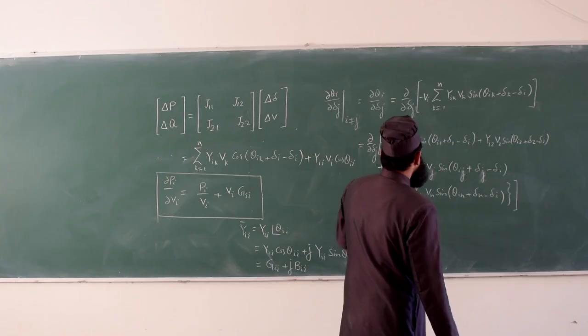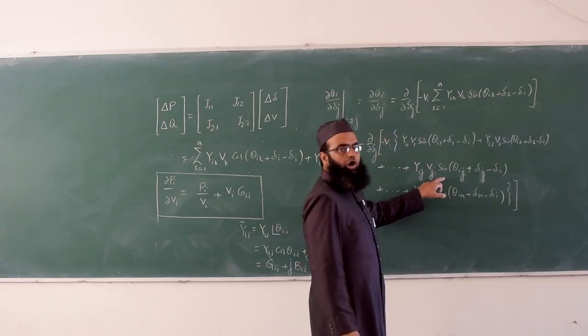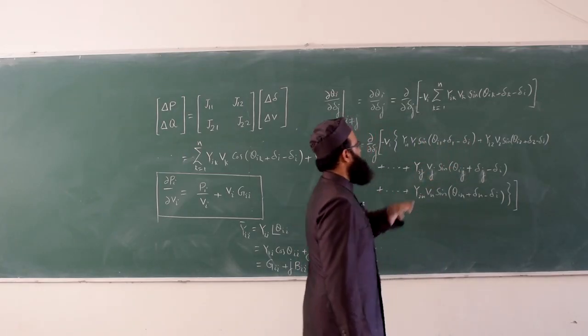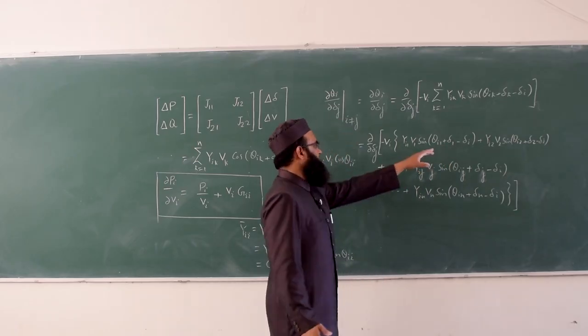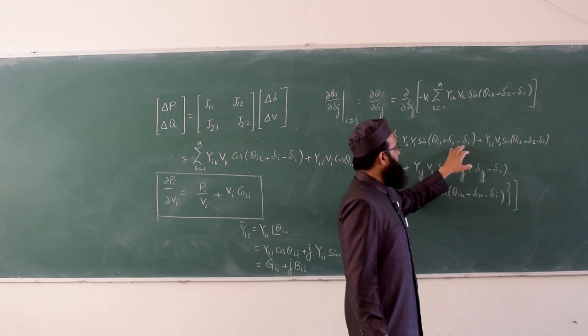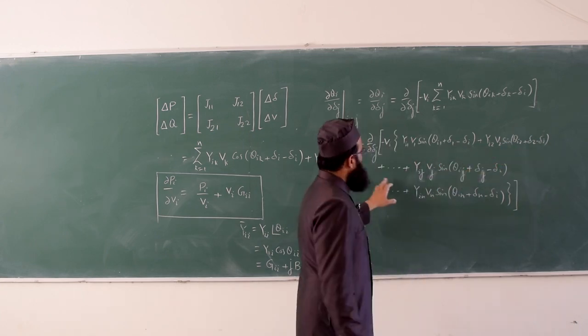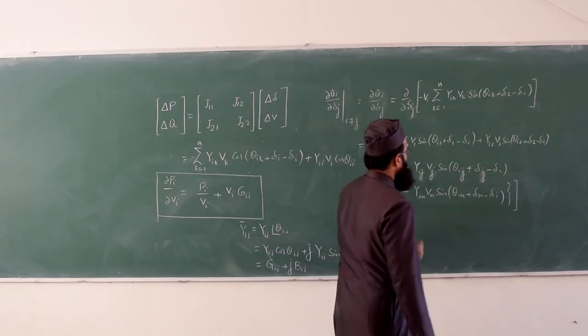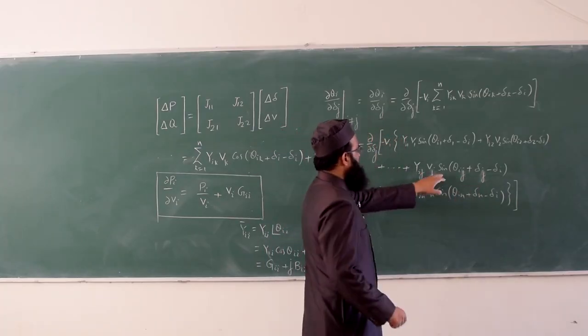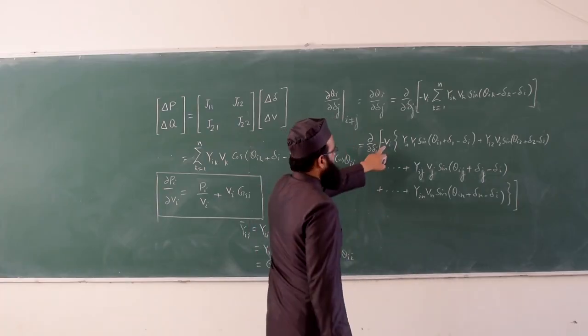So, except jth term, all terms are independent of delta j. Say delta 1 is independent of delta j. When it is differentiated with respect to delta j, it will give 0. This only will give non-zero. Delta j is here. So, delta j, so sine, it will be cosine, minus sign is here.